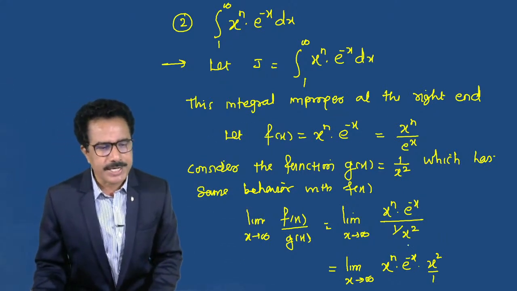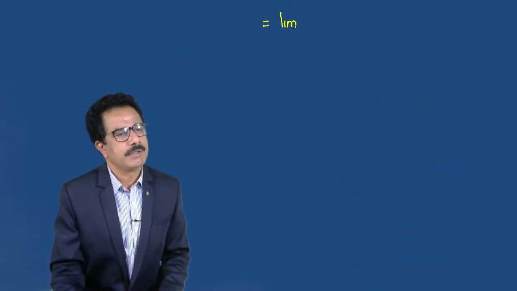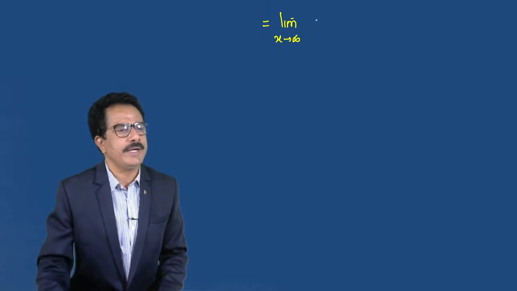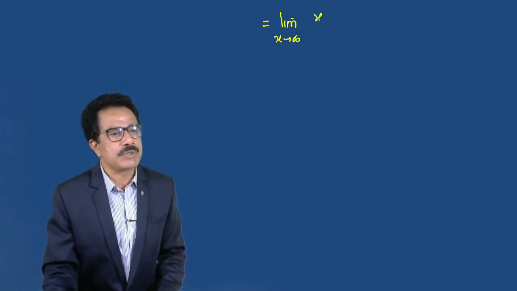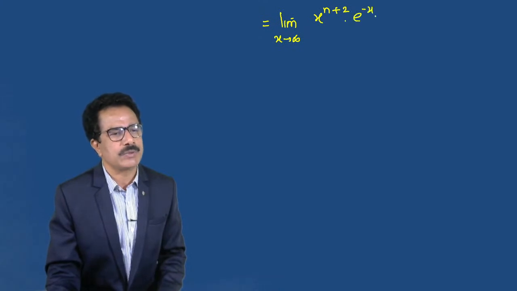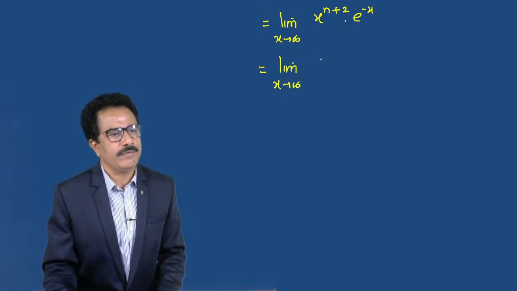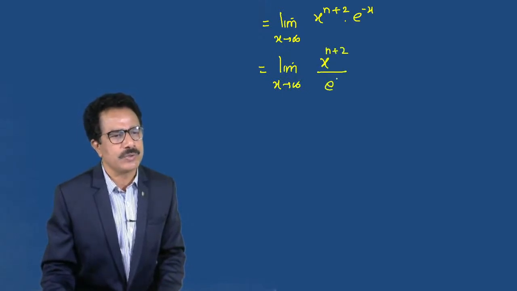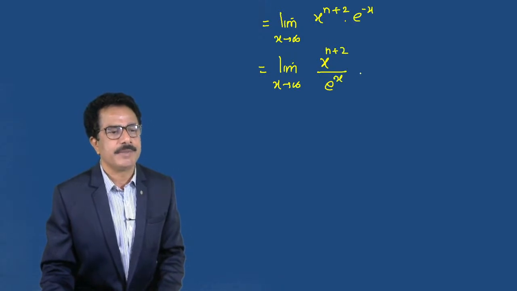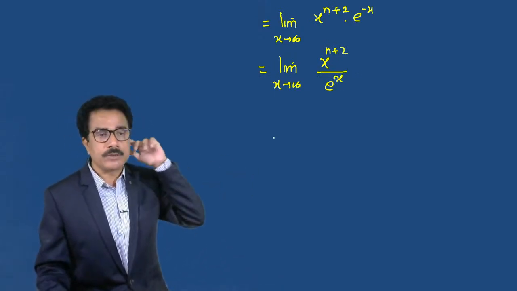Now the addition of these two happens, so we can write limit x tends to infinity, x raised to n plus 2 into e raised to minus x. So limit x tends to infinity, x raised to n plus 2 divided by e raised to x. Now you can use the L'Hospital rule.